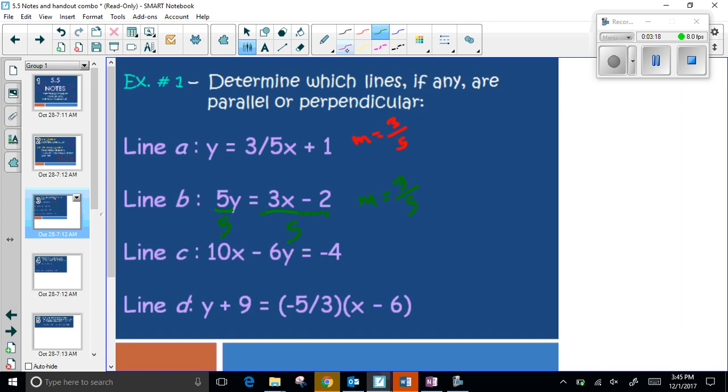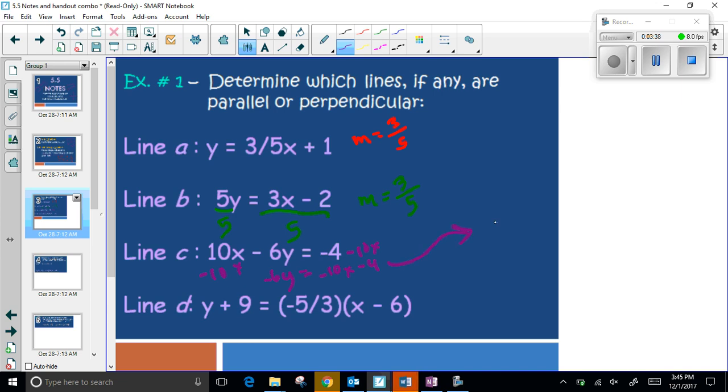For this one, 10x minus 6y, I'm going to have to subtract 10x on both sides. That's going to make a negative 10x minus 4 equal to a negative 6y.